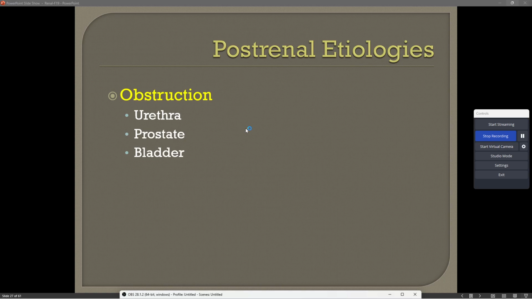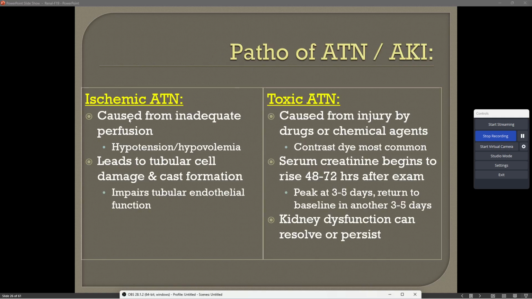Maybe the urethra is damaged or swollen or inflamed or obstructed. Okay. The prostate. The list just keeps going. If there's a physical obstruction, this is where we're going to go ahead and get urology involved, versus a nephrologist. So, some stuff to think about. Different causes equal different doctors.